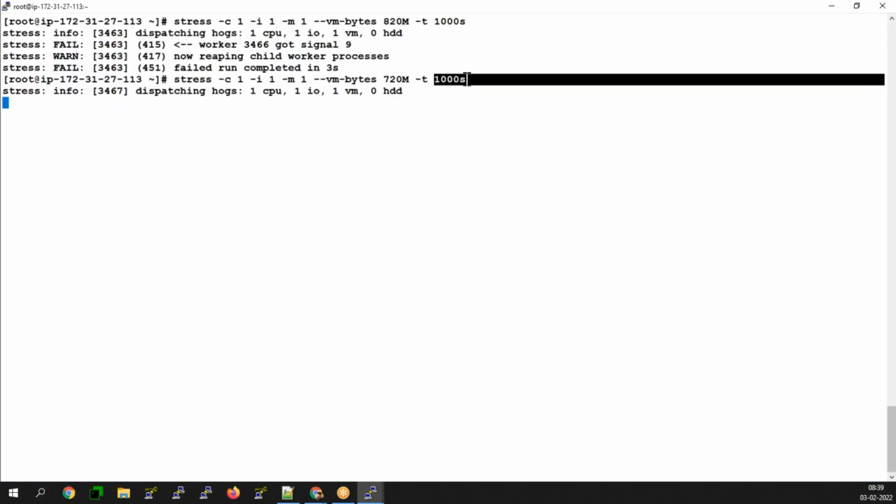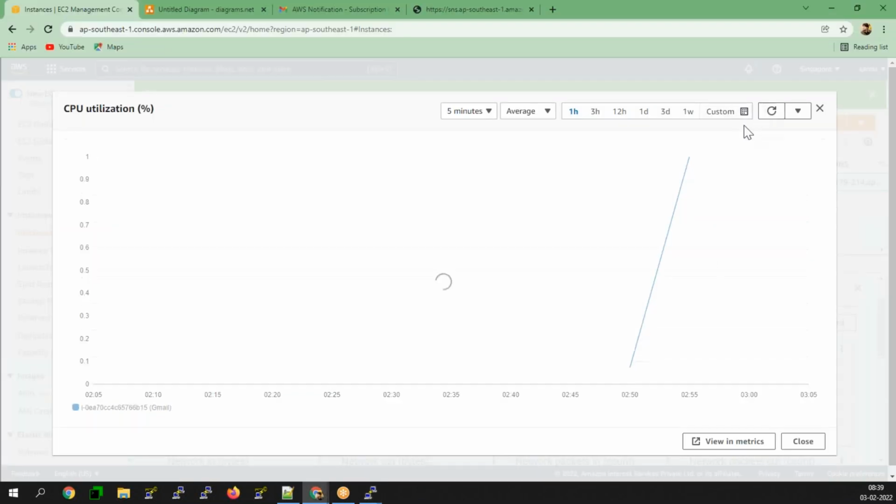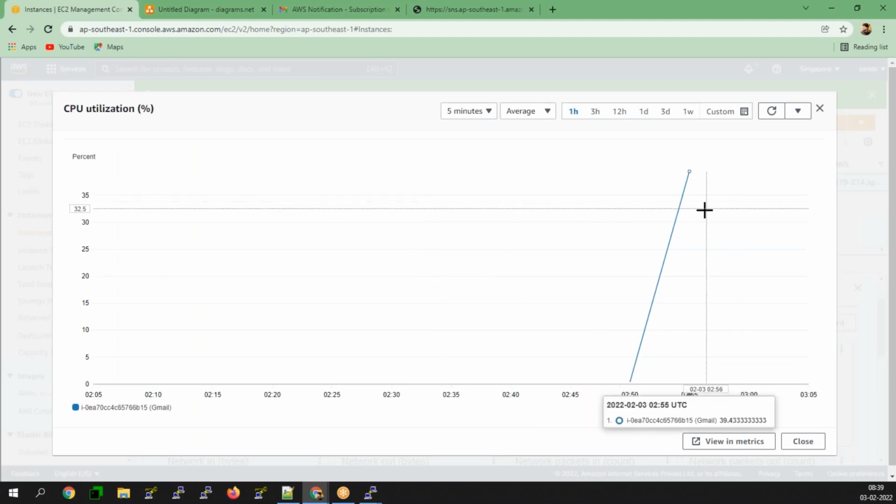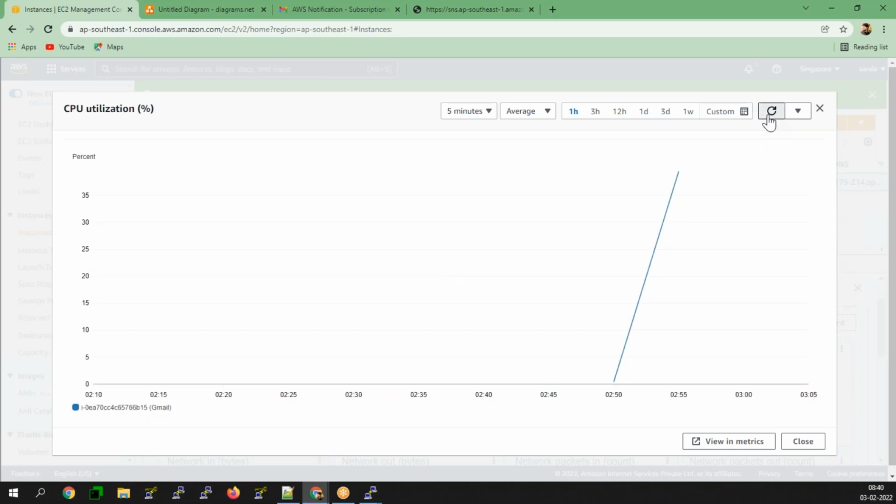I have given 1,000 seconds, so it will work and it will go for it. But the metrics calculation will take time here, right? Let's go over the 100 seconds, 1,000 seconds, it will go for it.